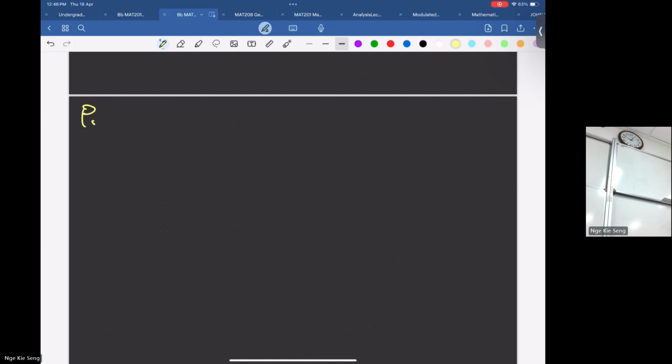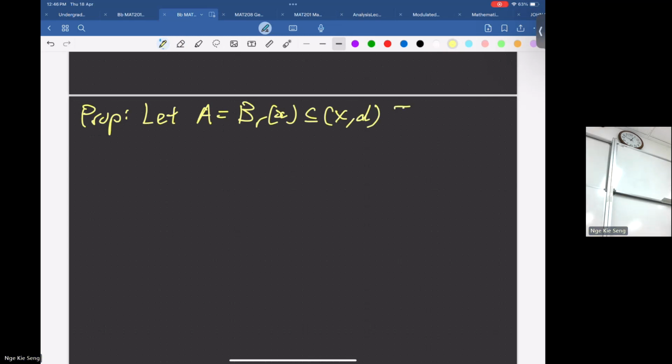So let's look at a ball, any ball in the metric space. Then you can prove that the interior of this ball is just itself. Okay, that's why we call it an open ball.